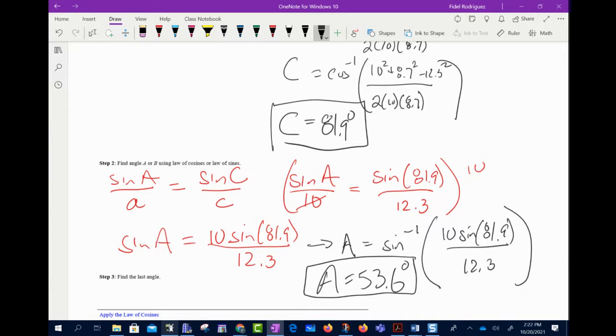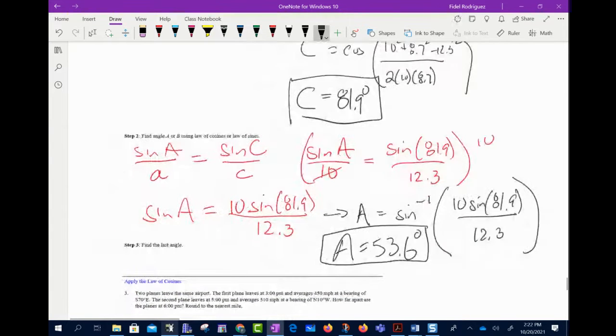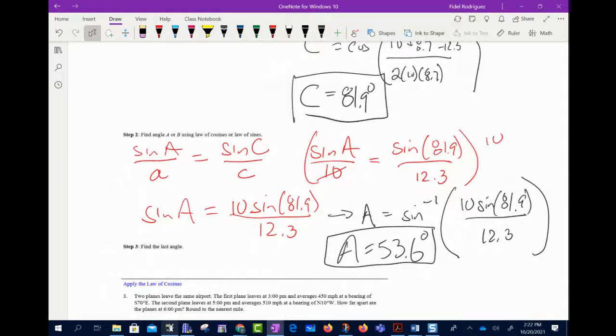Okay. And so we have one last part, y'all. We have to find the angle for B. Anybody know how we would find angle B? What do you think? What do I need to do to find angle B? Do I need to go through sine inverse? Do I need to do law of sines to find angle B, y'all? No. What can we do?